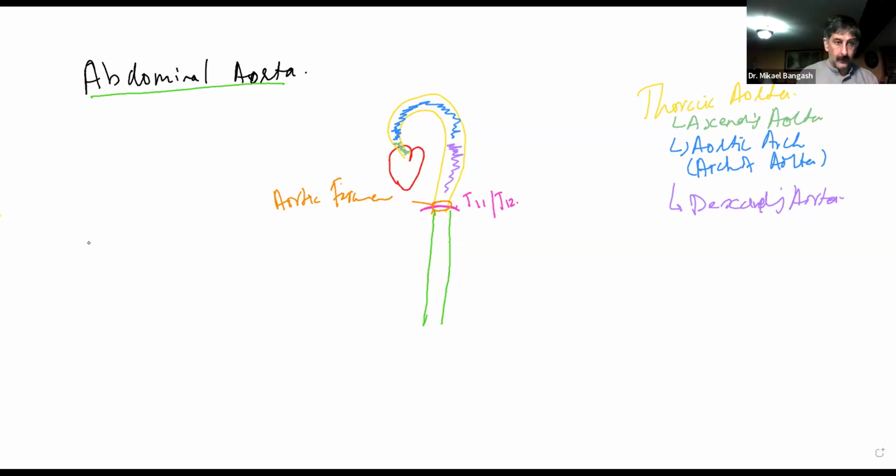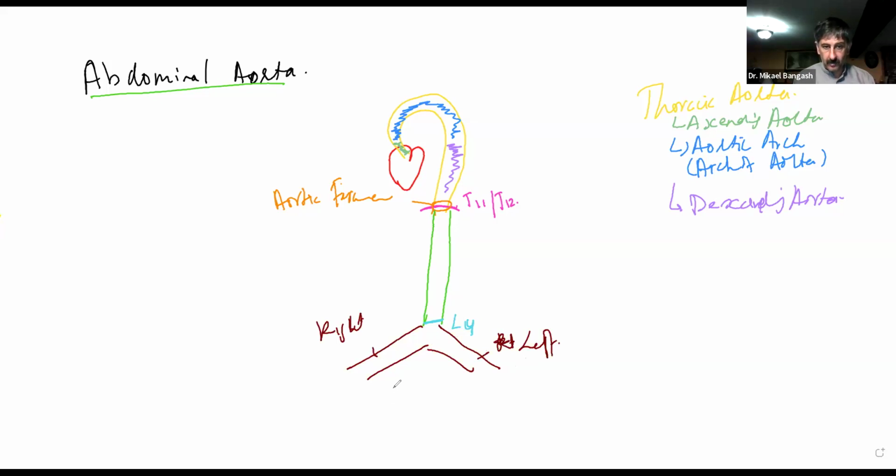And your abdominal aorta is going to finish off at the level L4, pretty much by bifurcating or splitting into the left and the right.